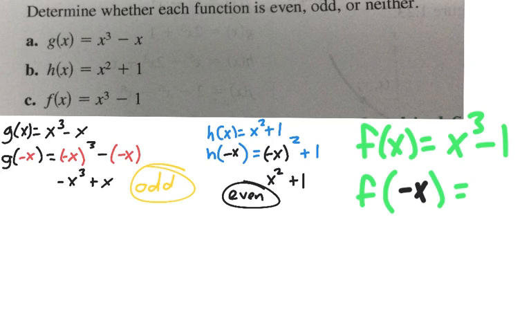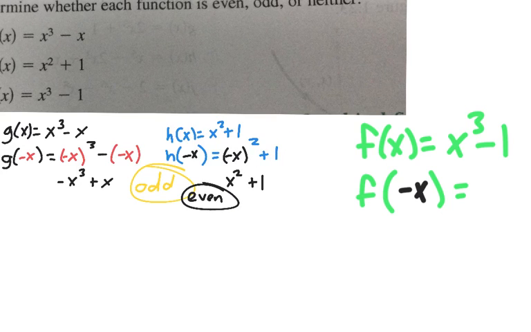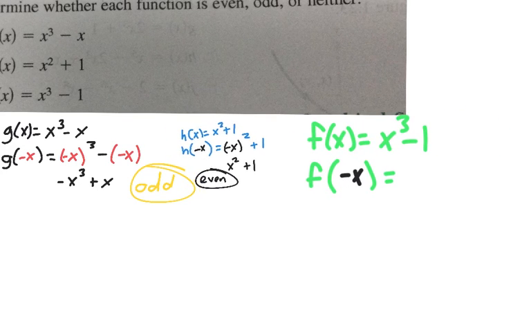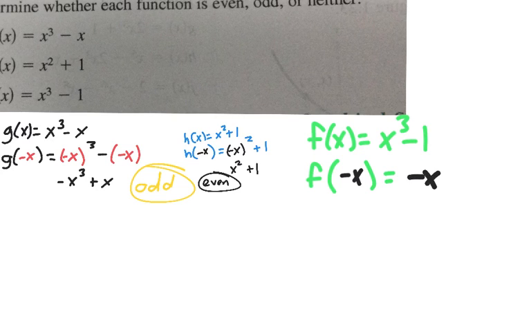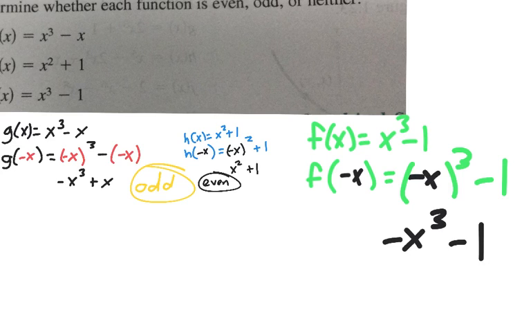That's going to equal negative x cubed minus 1. Negative x times negative x times negative x is negative x cubed. Nothing happened to the negative 1. Did I get back what I started with? No. Did I change the sign of everything? No. This is neither.